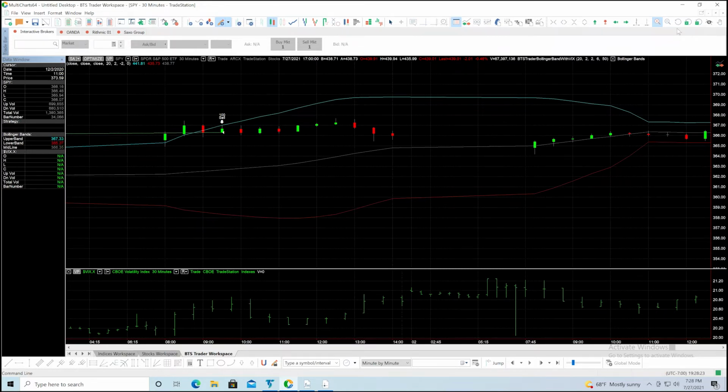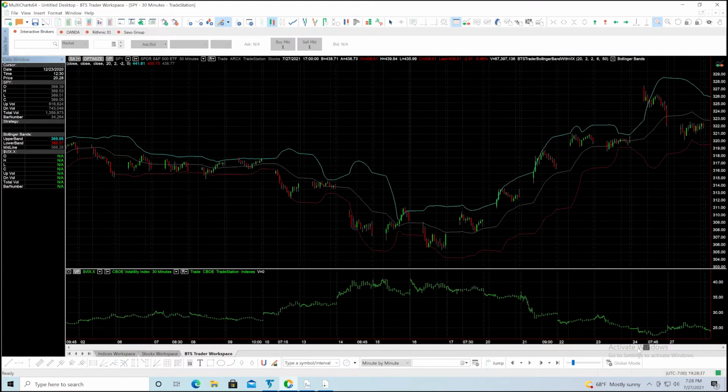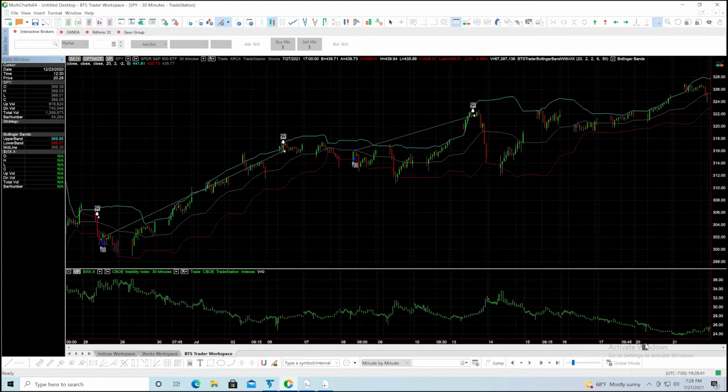The other rule that I added, let's reset that, was that it does not trade if the VIX is over, in this case, 50. As you can guess, 50 is pretty lenient, but that's what it backtested.